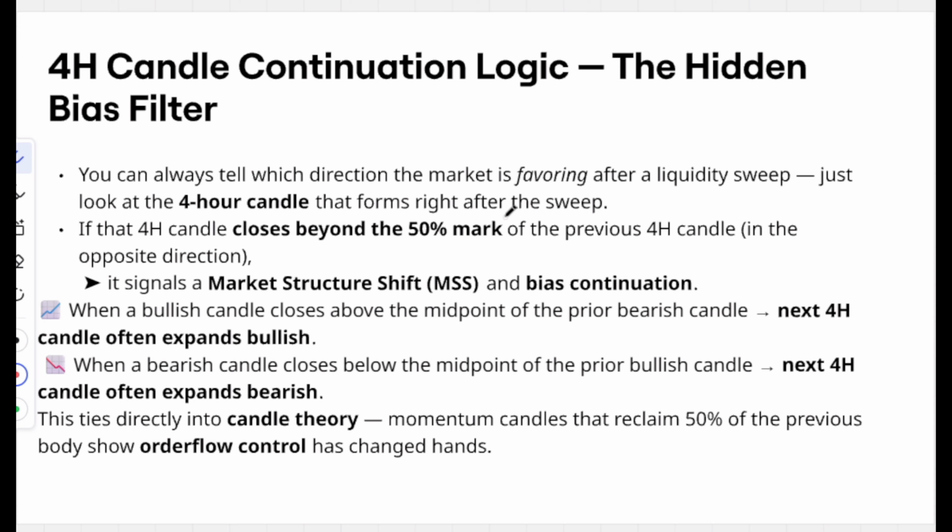So if the first 4-hour candle is bearish and the second candle is bullish, but it didn't close above 50%, that means there's not enough buying pressure over sellers for that candle. So the 3rd candle coming up is less likely to continue bullish from the 2nd candle direction, and vice versa going to the bearish direction.